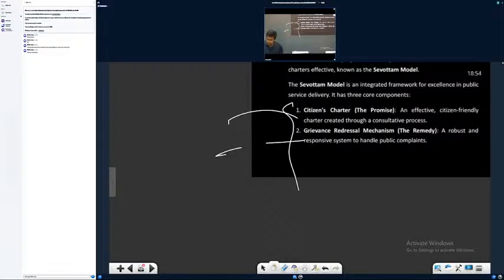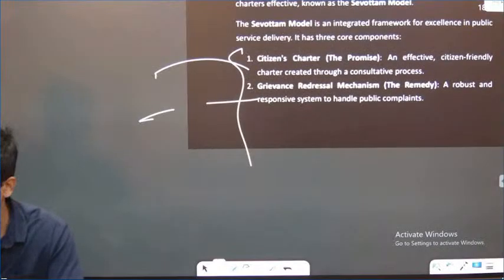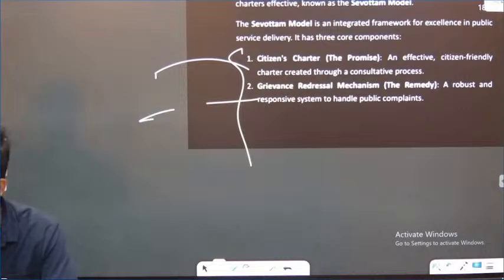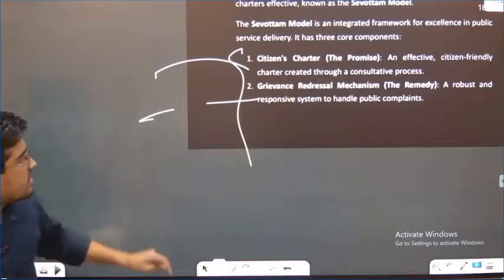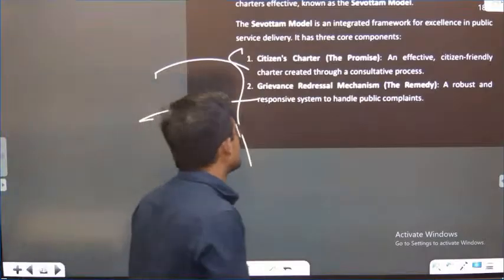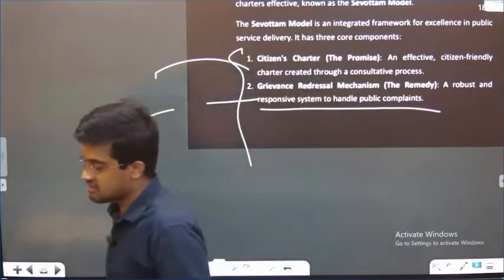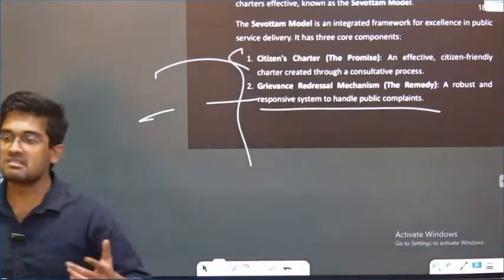Say you go to a government office and you have a complaint against it, that this office is not doing my job. This is the remedy. If you are given some promises, there is some form of remedy under the grievance redressal mechanism. It's a robust, responsive system to handle public complaints. So when the public has a complaint, this system handles it.